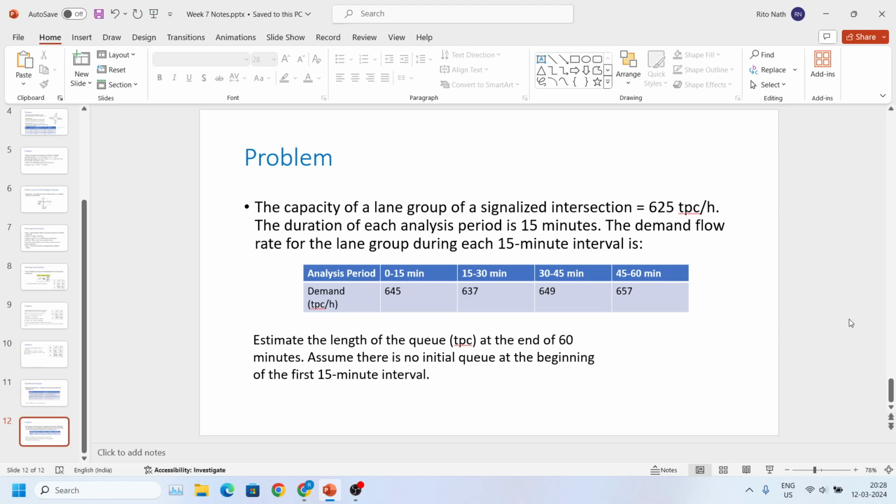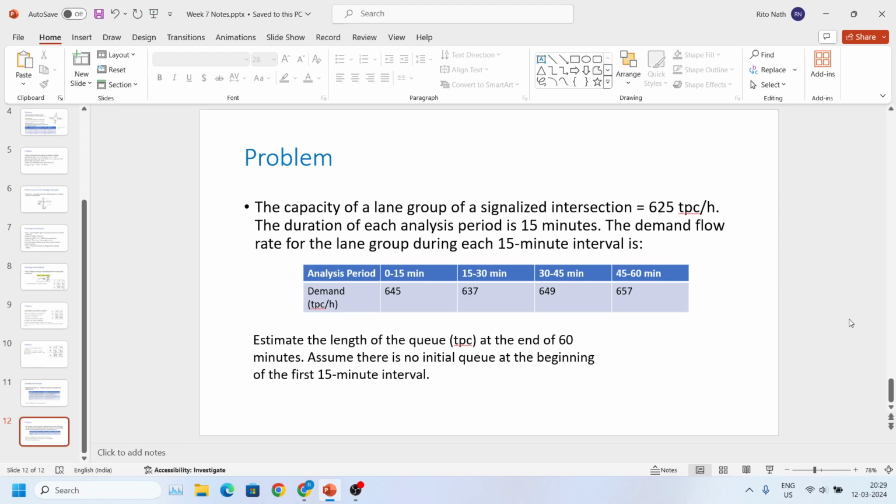So if V is greater than C, then you have a formula for it.